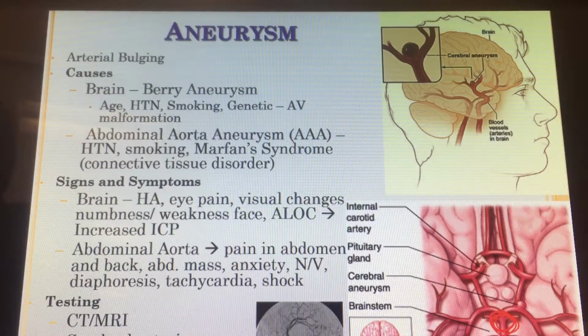The signs and symptoms should all be related to the condition. In this case, especially if you think about it, if your problem is in the brain and you have an aneurysm popping up, it might cause a headache, right? It might cause eye pain depending on where that aneurysm is, visual changes, numbness. You think about the optic nerves, right? They go all the way from the back of the head all the way to the front of the head.